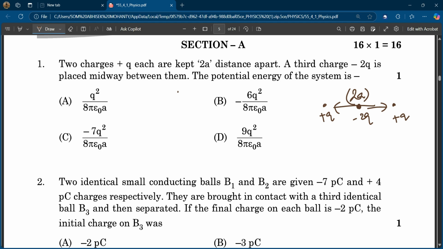Very simple. The potential energy of the system will be like a summation. Let's not complicate it. Simply the potential energy of the system will be the potential energy of this plus this.